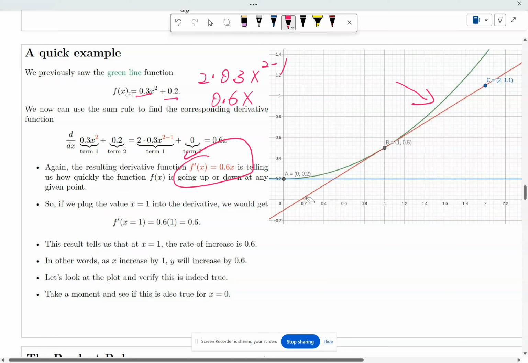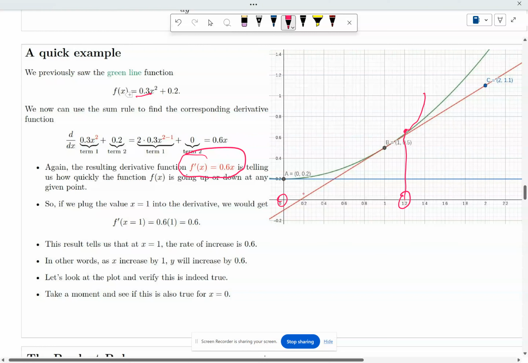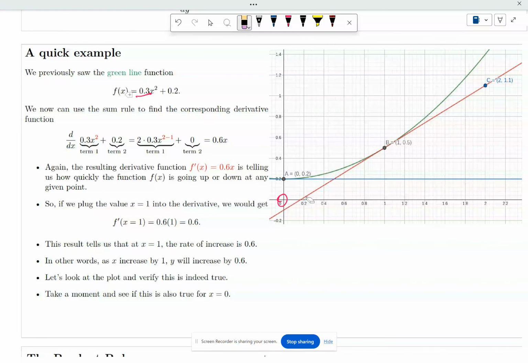So we now know how to take the derivative of this very basic function. And this now allows us to plug any value in and figure out that at this point, is the function going up or is it going down? Okay? So that's how this works, right?